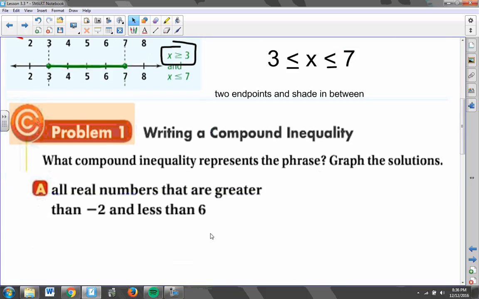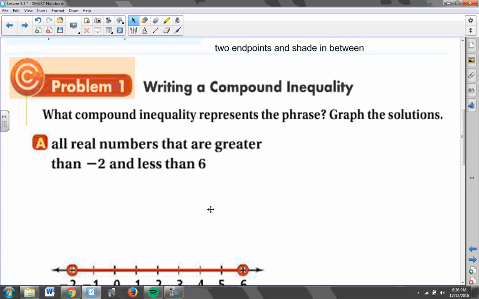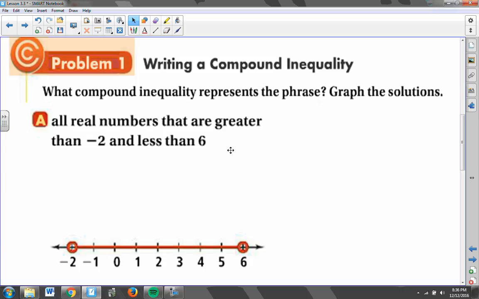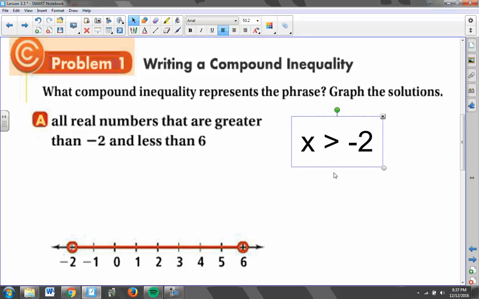So, in your homework, in your practice problems, I will ask you to write the inequality that represents the number phrase. And here we have all real numbers that are greater than -2 and less than 6. So, x has to be greater than -2, and x has to be less than 6.